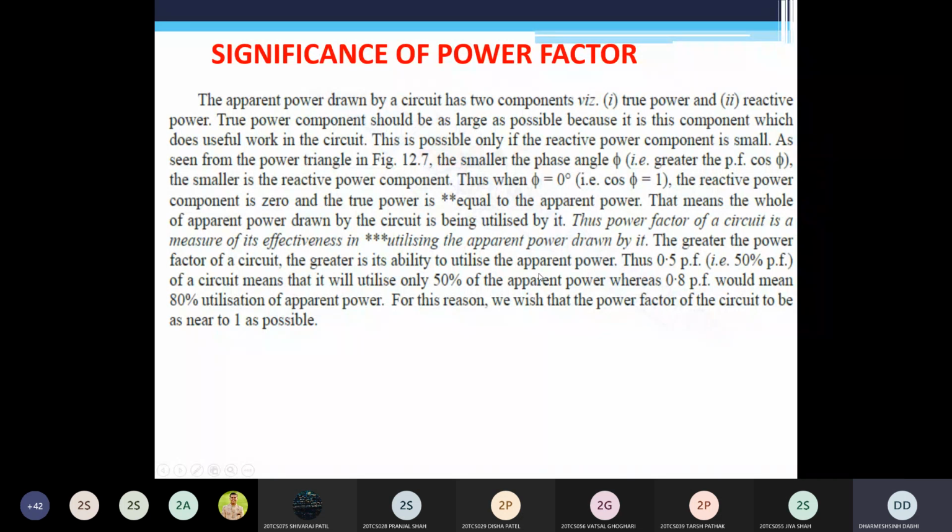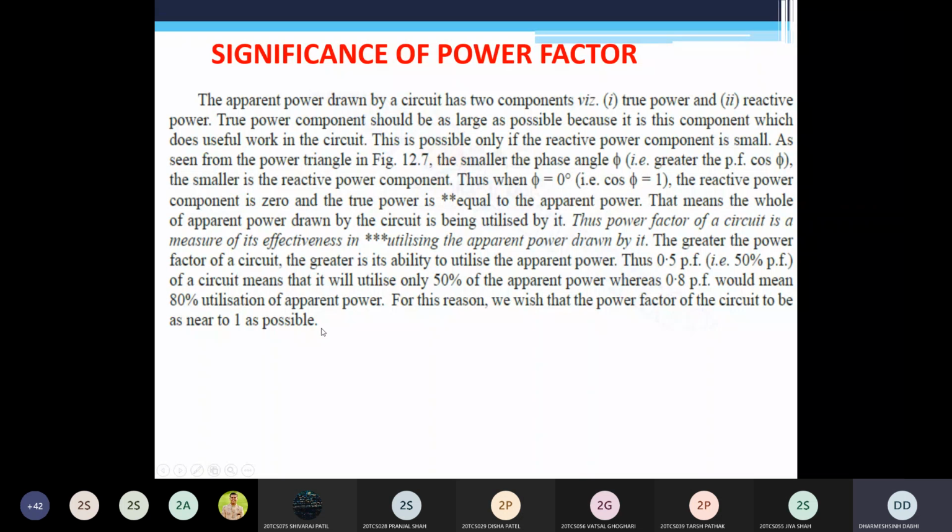If your power factor is 0.5, only 50% of the apparent power, which is the total power, is utilized. A power factor of 0.8 means only 80% utilization of the apparent power.